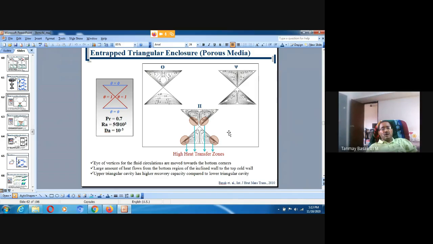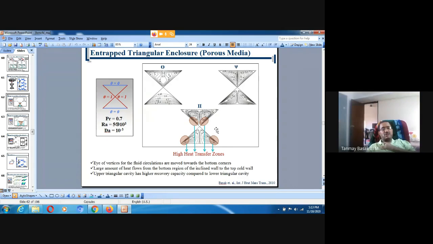Here we have also done the heat lines, and we found different kinds of situations for the top and bottom triangular cavities. You can see that in the top triangular cavity, this zone is the high transport zone, but in the bottom triangular cavity, the horizontal portion is the high heat transport zone.